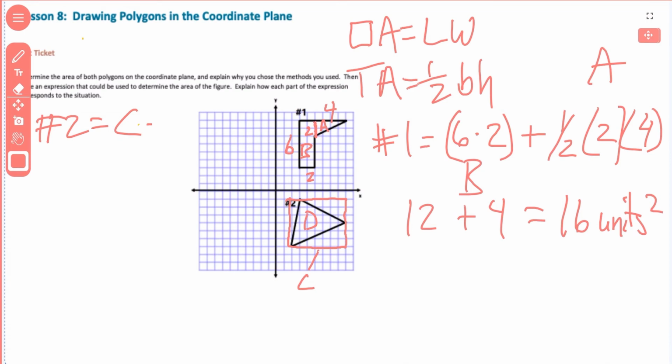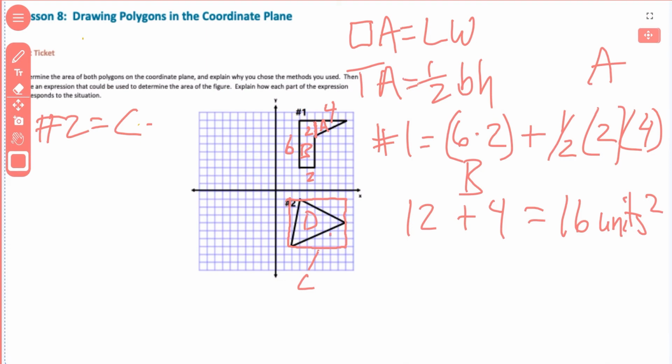And if we take the area of C, the entire rectangle, and we add the area of D, that gives you the area of C. And that's going to give you the area of the triangle? Yes. You're trying to find D.